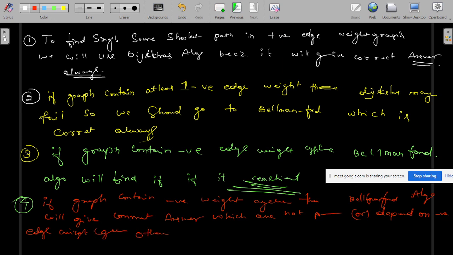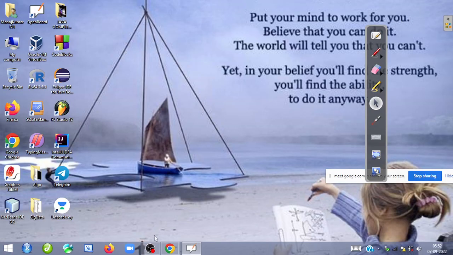Otherwise the answer is infinity, as I already showed. It becomes a negative edge cycle, so if you continue further, it becomes infinity, which means undefined. These things are very important. This is all about Bellman-Ford.